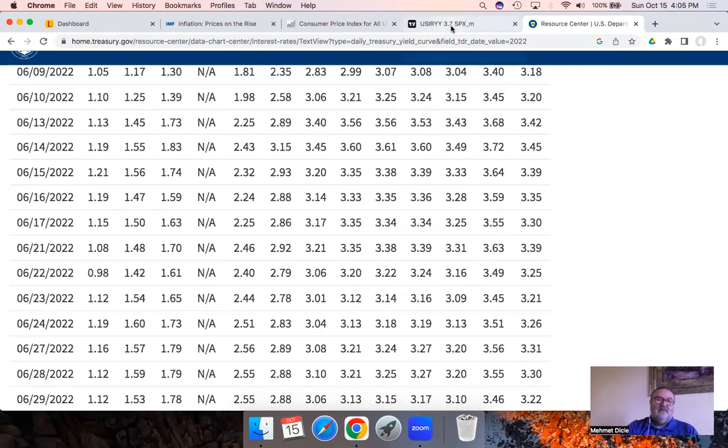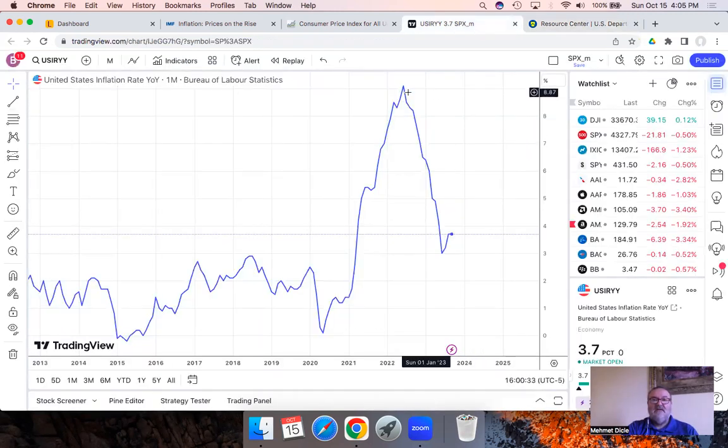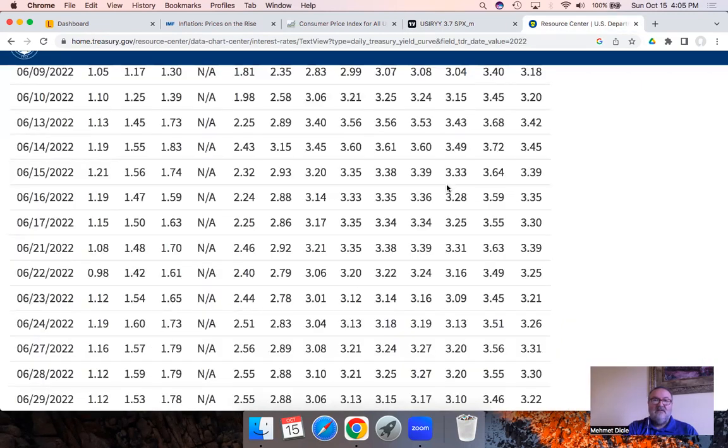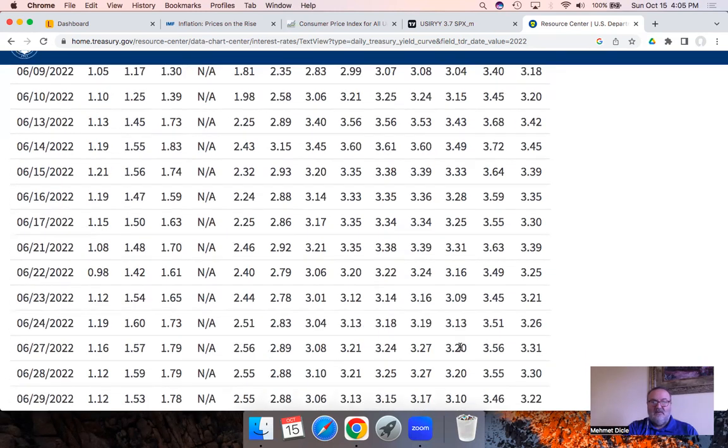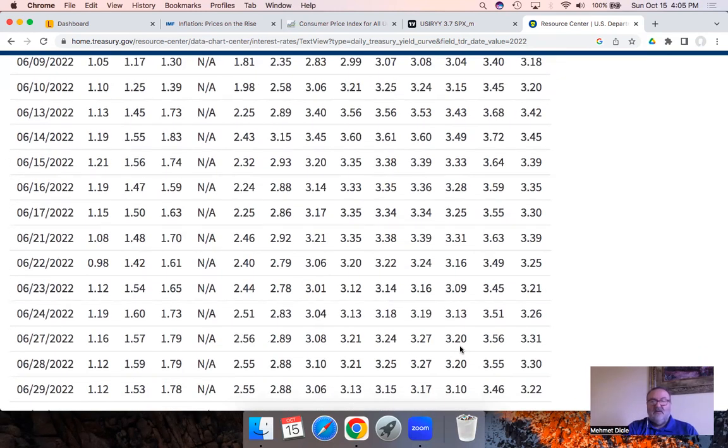However, these are actually selling at a loss. I mean, if you think about it, if your inflation is about 9% and your yield is about 3.6% or 3%, then you're literally losing about 6% just on inflation.